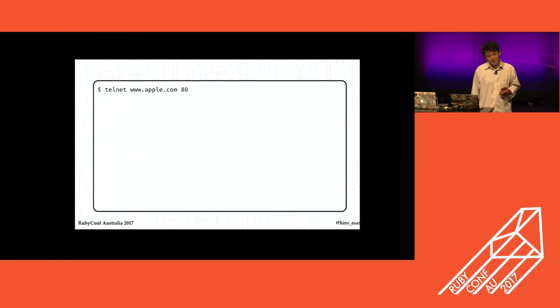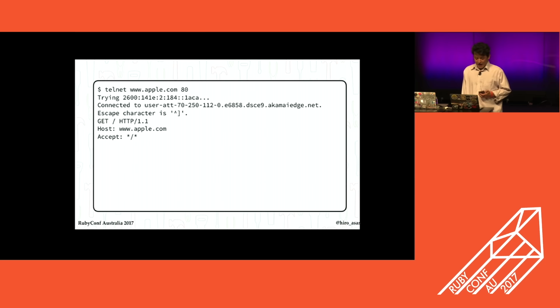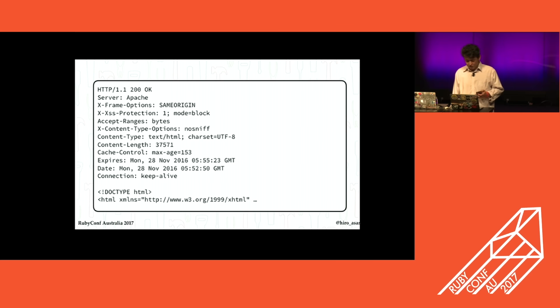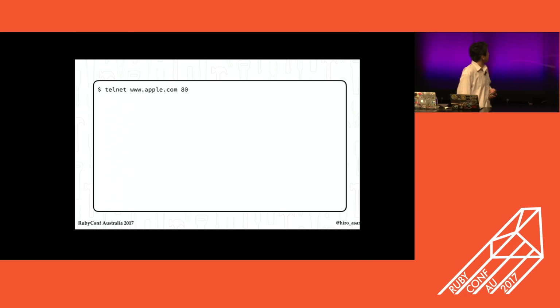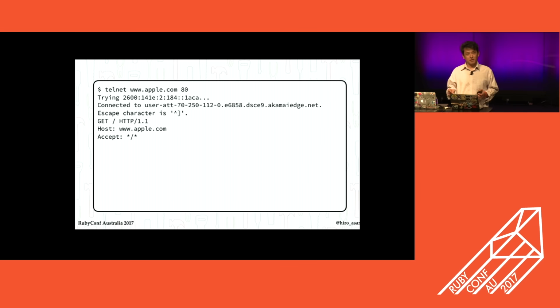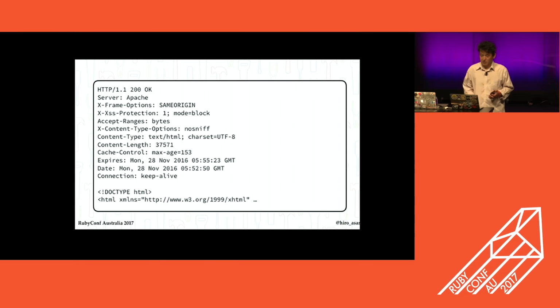We can do this with Telnet again in the year 2017, and we have the initial TCP handshake. We get the HTTP request followed by one or more headers, because Host is a required header. It will be followed by two pairs of carriage return line feeds, and the server will return with a status line, the headers, followed by two pairs of carriage return line feeds, and the document.